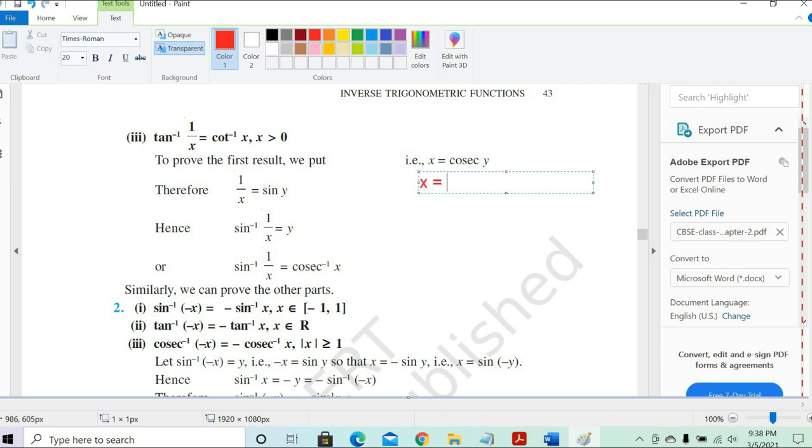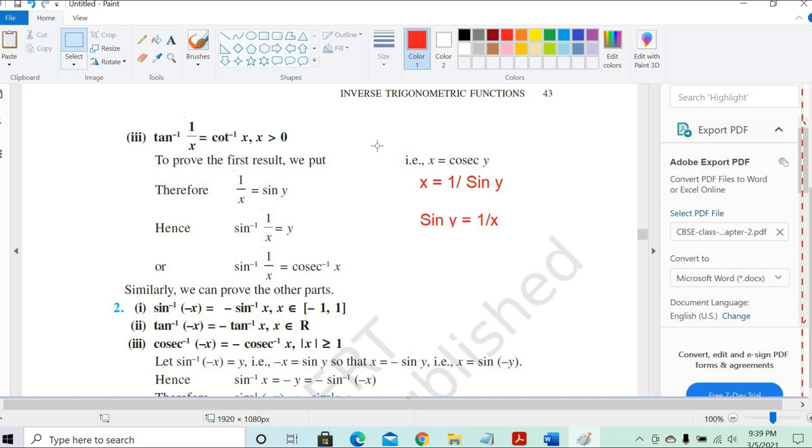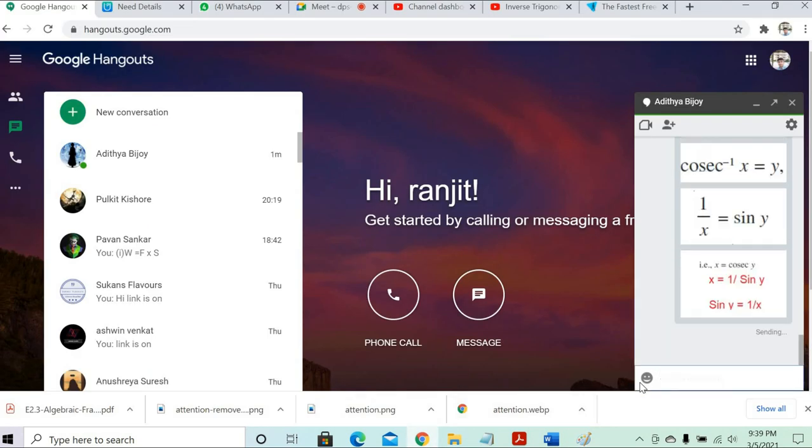So x is equal to 1 by sin y. Then sin y is equal to 1 by x. This part will go in the series so you'll be able to understand. Did you get it now?